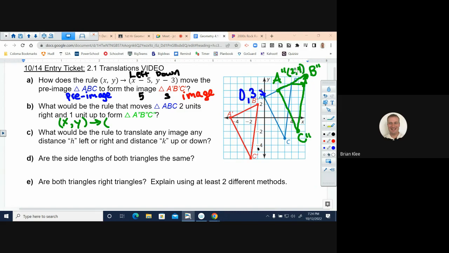So very clearly the x increased by 2. That's the first part of the rule. And the y went from 3 to 4, which is an increase of 1. So turning those words into a quick algebraic rule is simple: right is positive movement on the graph, and up is positive movement on the graph.